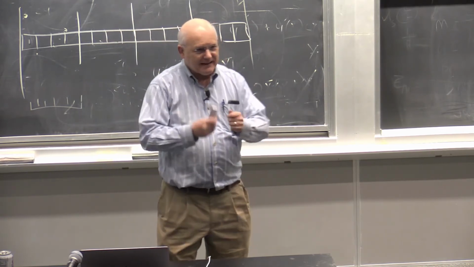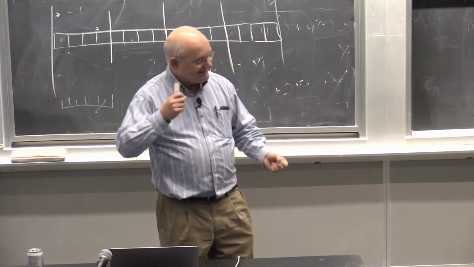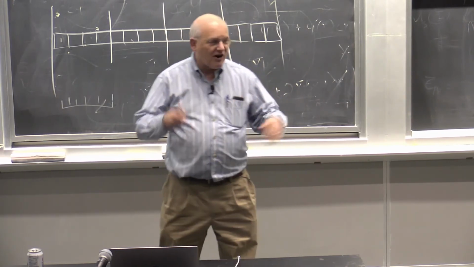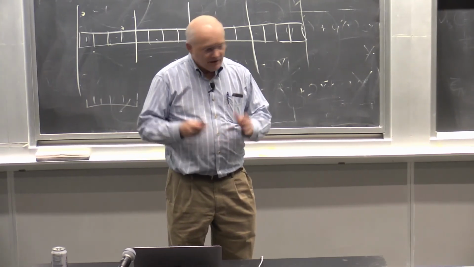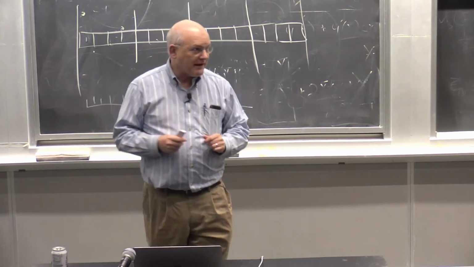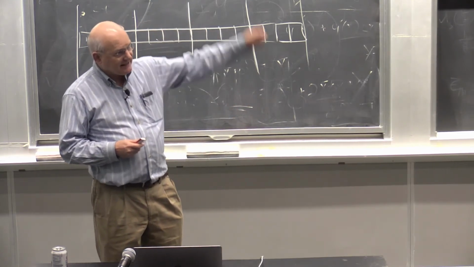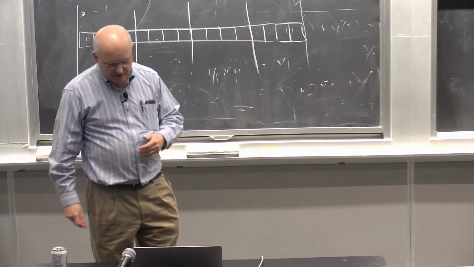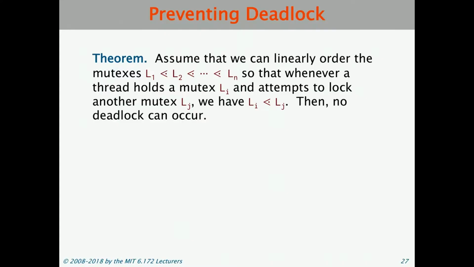You could say, let everybody pick a random number to have a randomized scheme. So there are other solutions if you don't insist on non-preemption. I'm going to give you one where we have non-preemption, but we still avoid deadlock. And it's to go after that cyclic problem. So here's the idea. Suppose that we can linearly order the mutexes.